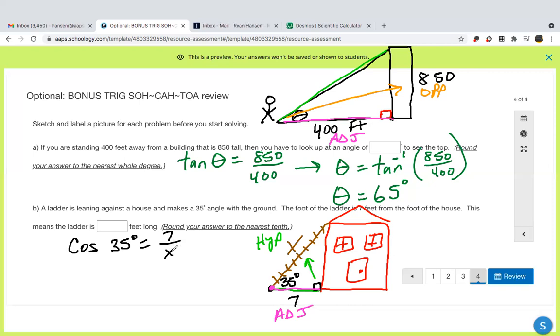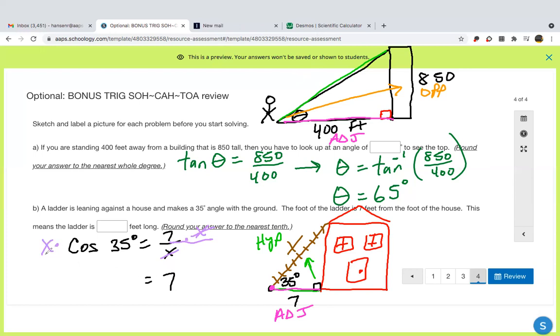This is reminiscent of the problems we did earlier, and our next step was consistent. Whatever was in the bottom of the fraction, we multiply that to both sides. So instead of dividing by X, we're going to multiply X to both sides. Note when you have X on top and X on bottom, they cancel, leaving us with just 7. I'm going to bring that down.